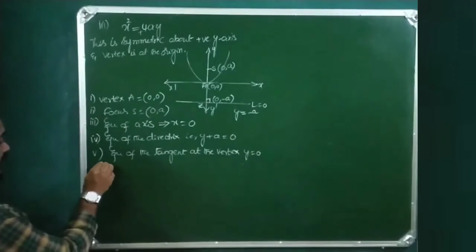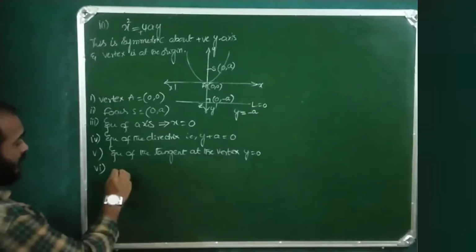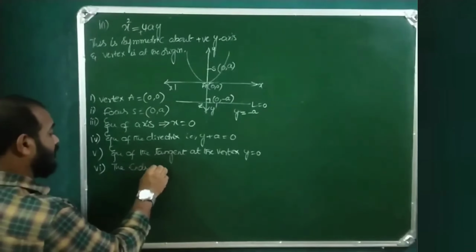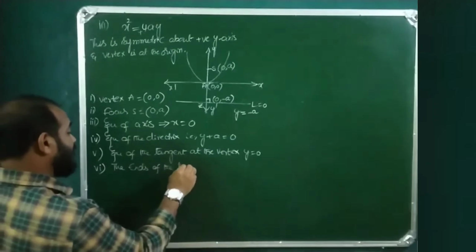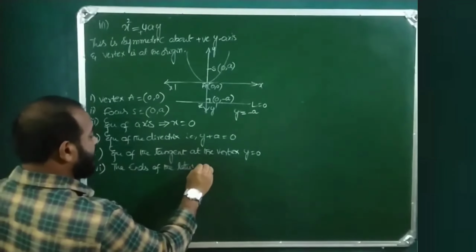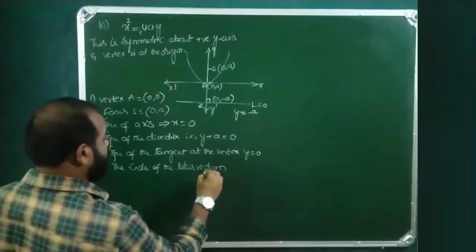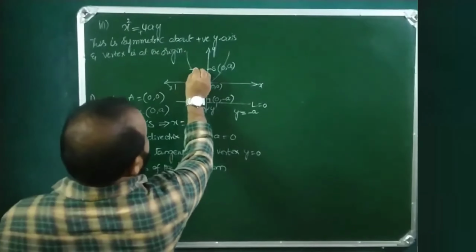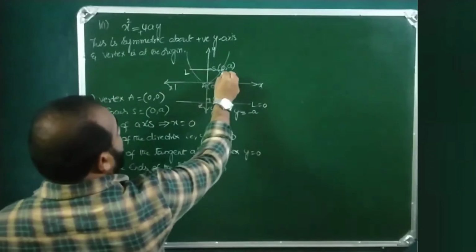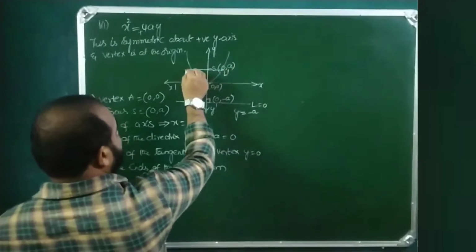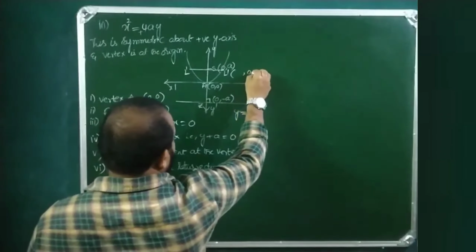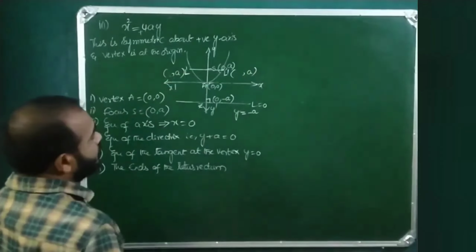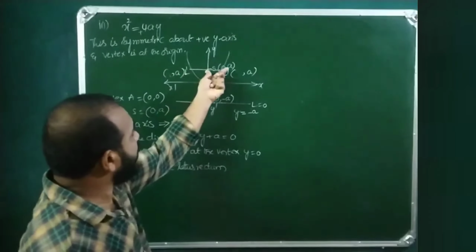And the next one is the ends of the latus rectum. This is L dash, and this is L. The coordinates are a. Here this is 2a and this is 2a.